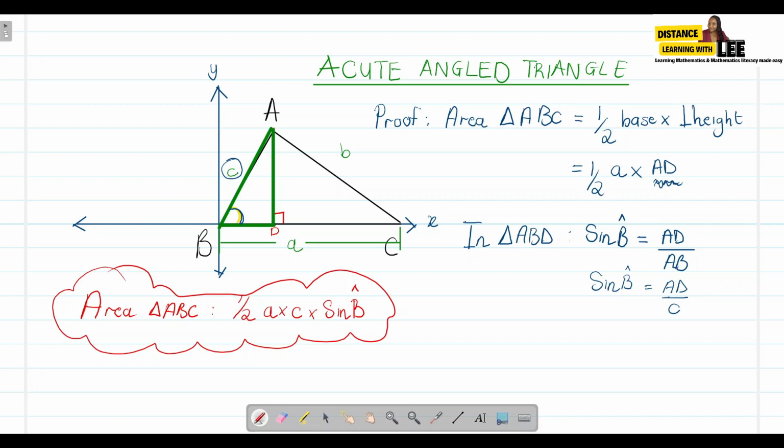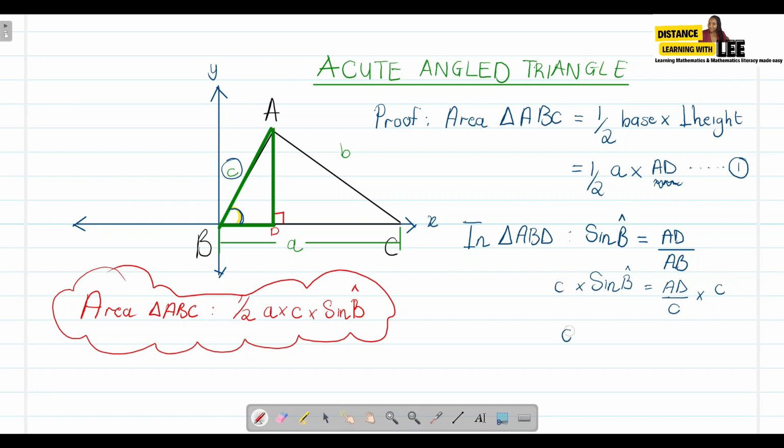All we need to do here is have AD on its own, because once we have AD on its own, we can substitute this equation back into this equation and we would have proven the sine rule. So if you multiply the right hand side by C, what you do on the right, you need to do on the left.